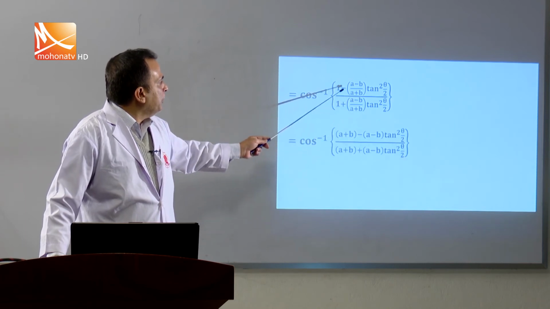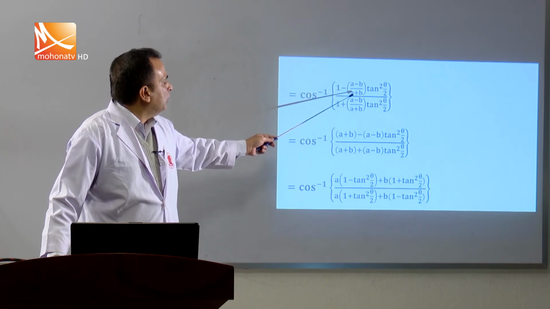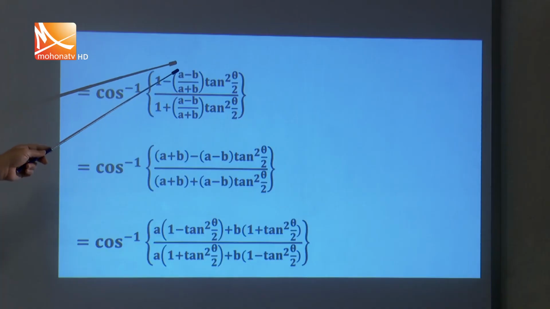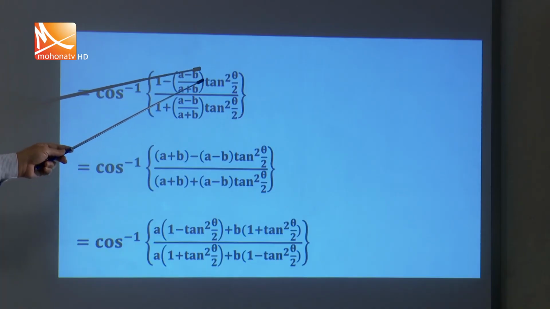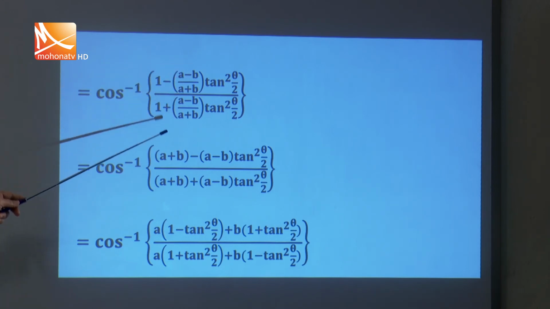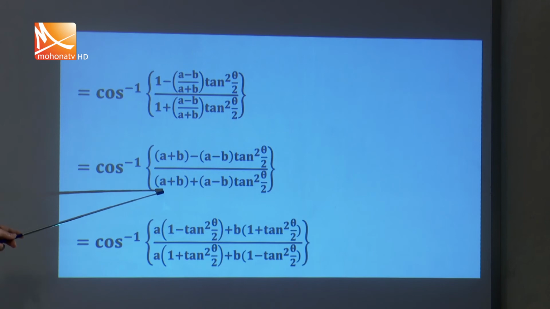Next line, if we make LCM, then we will get a plus b minus a minus b into tan square theta by 2. If we multiply the numerator and denominator by a plus b, then it will be a plus b minus a minus b into tan square theta by 2. Similarly, in the denominator it will be a plus b plus a minus b into tan square theta by 2.